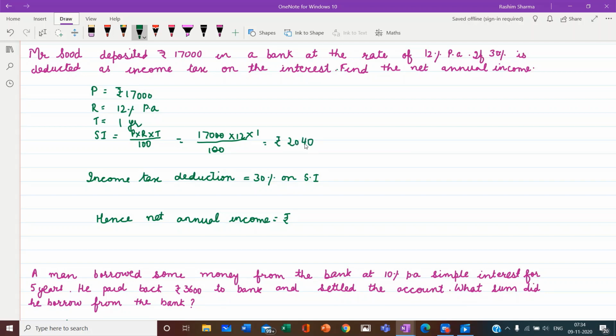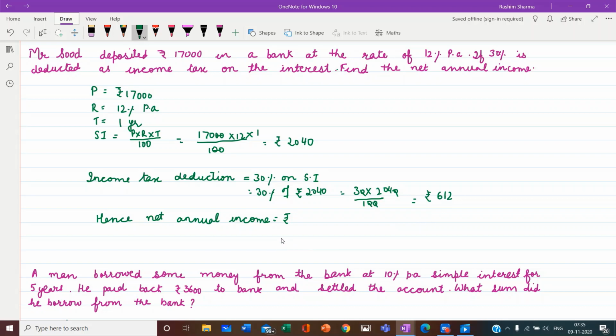Okay, now on this simple interest 30% is deducted as income tax. So income tax deduction is 30% on simple interest. That means 30% of rupees 2040. Okay, so when we calculate 30 into 2040 upon 100, we can cancel zeros here, so it comes as rupees 612.